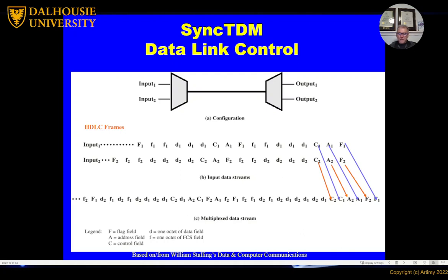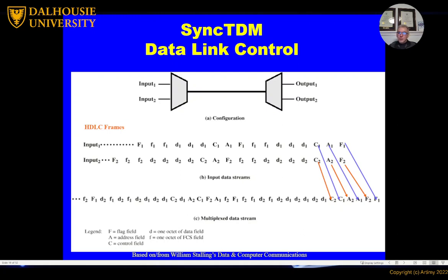It doesn't matter what it is actually, really. The idea here is we have an HDLC frame coming from input 1 going to output 1, and another HDLC frame coming from another input. So you are looking at it from the right side: flag, address, control, data, and so on, right? So look at it from right to left.